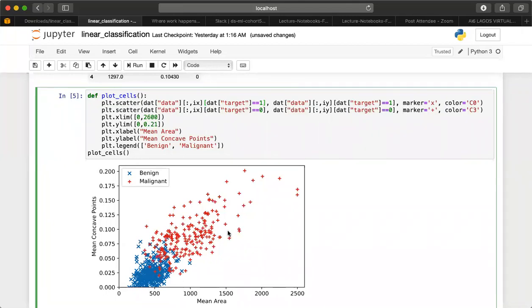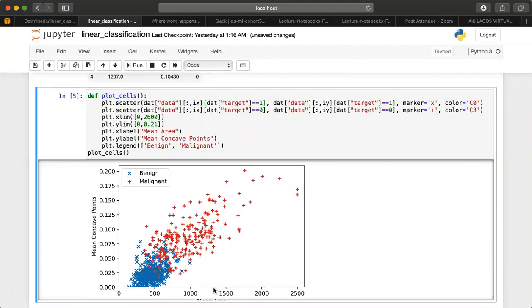What do you think our goal is given this kind of plot? If you want to speak, just raise your hand and I'll ask you to unmute. There's no hand up.